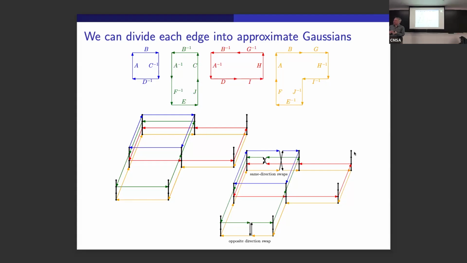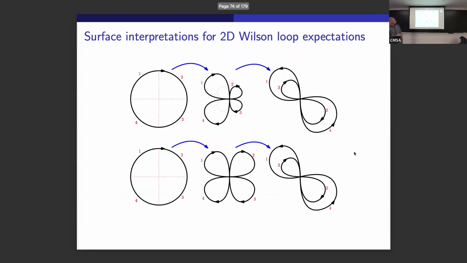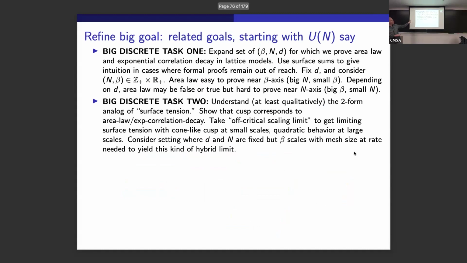So we came up with a very different way of deriving this than was done in other places in the literature, which is to say, just start with Wick's formula, what we already showed you, break your edge into pieces and use that as an approximation, and then you already have enough information to recover a random surface model that describes the Haar measure story. This works in arbitrary dimensions, so all of this works in any dimension. Okay. But what happens is, this story, like I say, we did it for a bunch of loops.